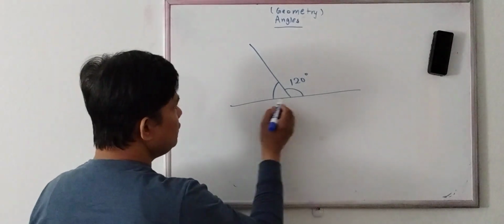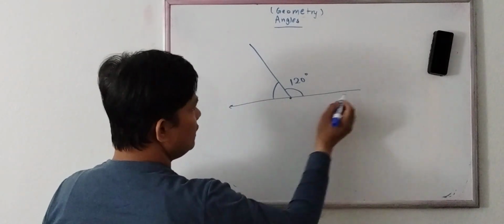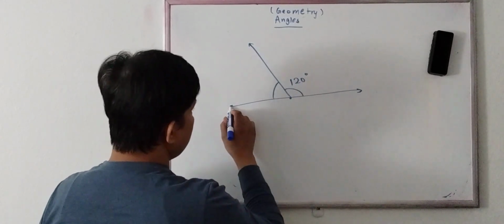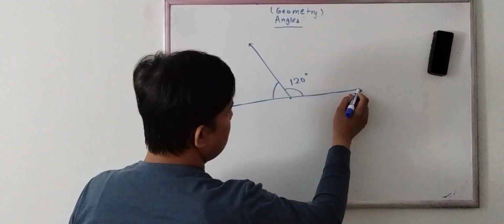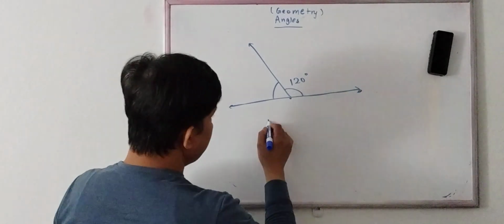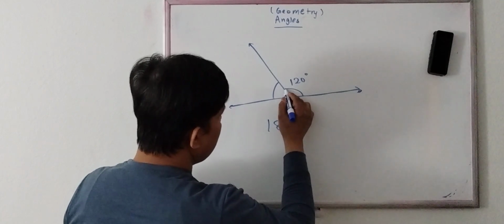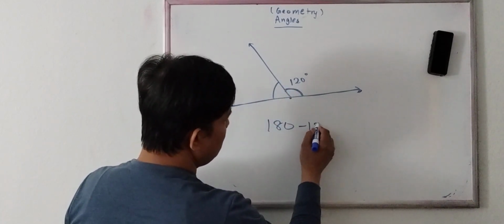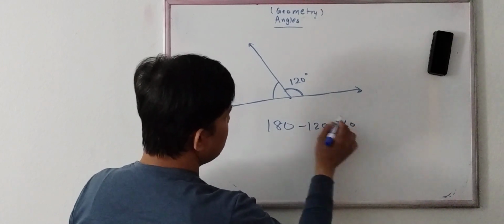So what we know, it's a line here and there's a third line. So this one is 180 degree because it's a straight line, so it's a straight angle. So this will be 180 degree, and this one is 120. For this, we have to subtract 120. So this will be 60 degree.